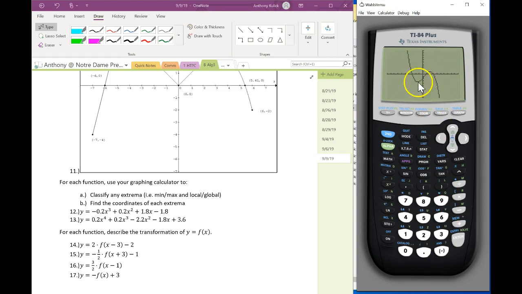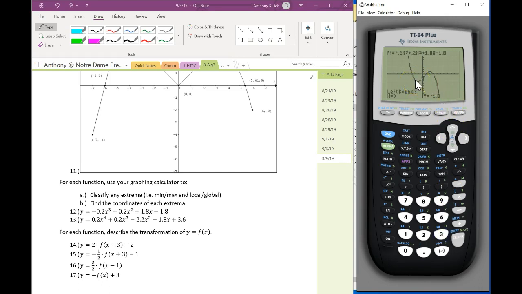I see one local minimum and one local maximum. To find one of them, let's say we'll find this local minimum, and press second and the trace button. From this list of commands, if I'm looking for the local minimum, I should pick the minimum command.